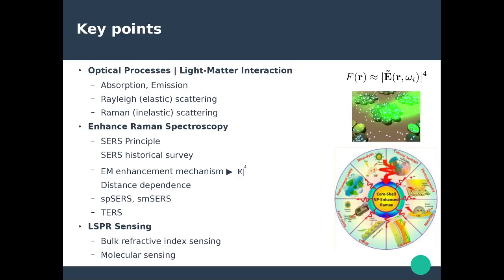So we introduced the concept of TERS, and then we discussed the enhancement mechanisms, which are governed by the presence of the localized plasmon resonances, which then introduced the enhancement factor, which is proportional to the fourth power of the electric field. So this is very important to remember. And then we discussed single particle and single molecule SERS and TERS before finishing up on LSPR sensing for both refractive index sensing and molecular sensing.